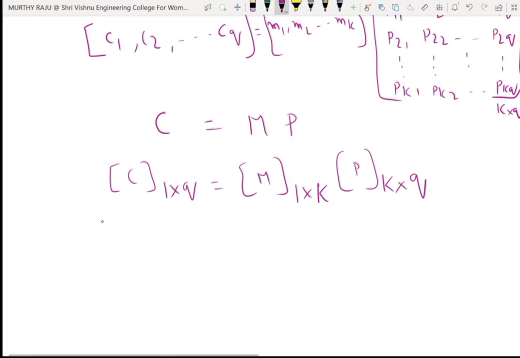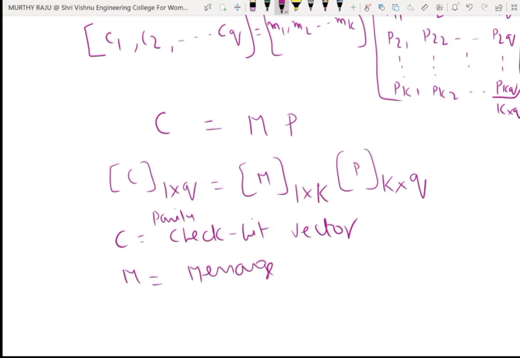C is called the parity check bit vector, M is called the message vector, and P is called the parity matrix or parity submatrix.